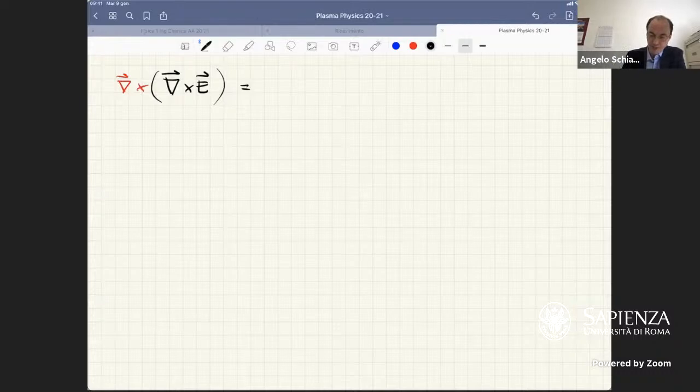We can exchange the order. So this is becoming the curl of minus time derivative of B, and we can exchange the time derivative, and this is becoming minus the time derivative of curl of B. Okay.